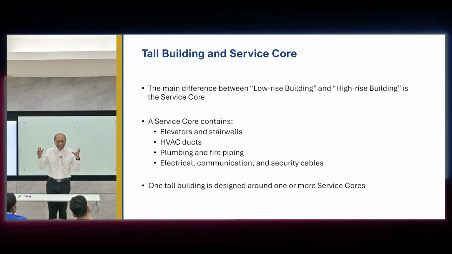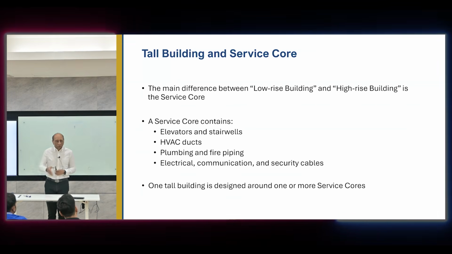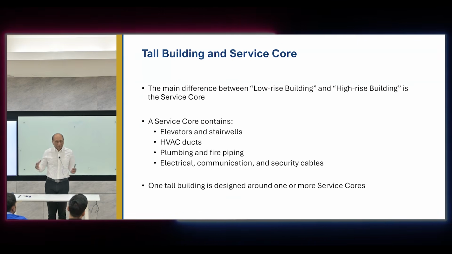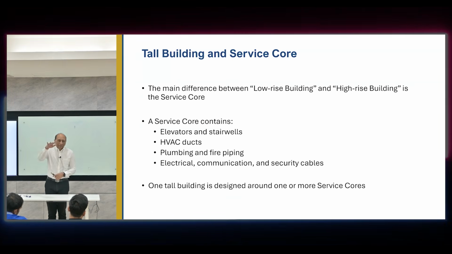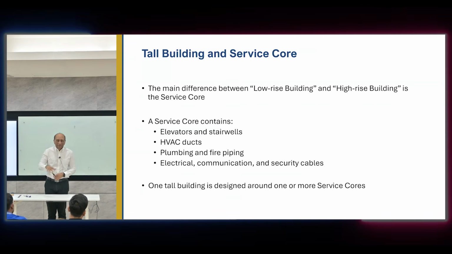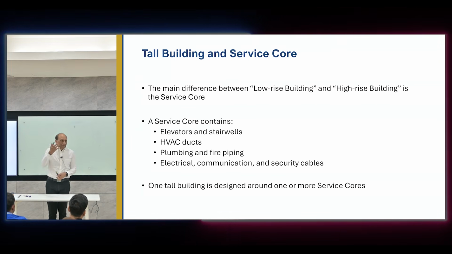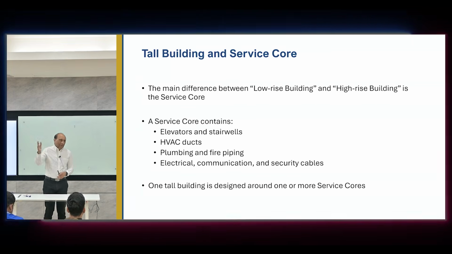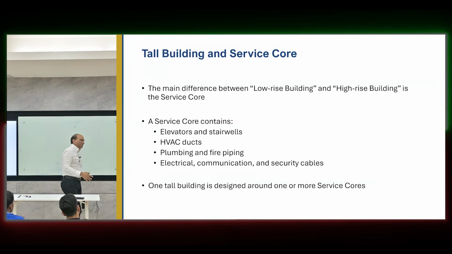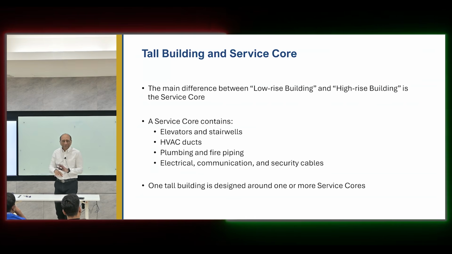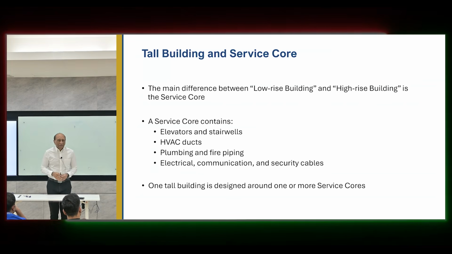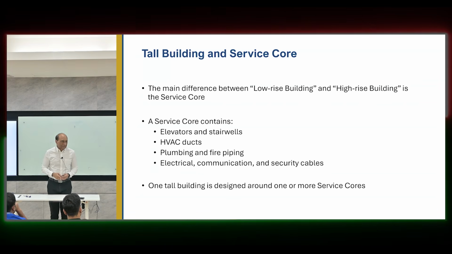Everything in the building needs to either go up or go down from the ground, and all of that has to come down to the core. That's where the vertical transportation happens, vertical communication, vertical everything. The water goes up and the waste comes down, the air conditioning moves up, air moves down, elevators go up and down, and staircases are there, all of that stuff.